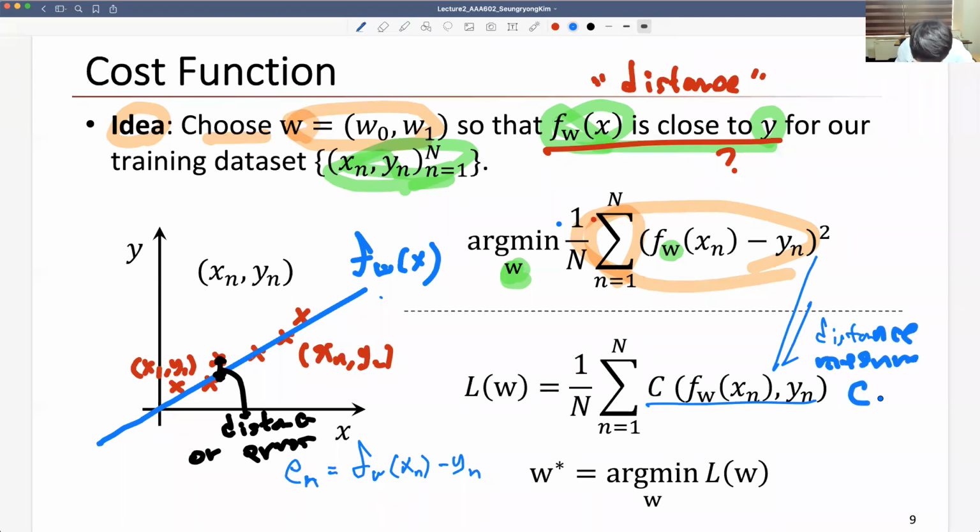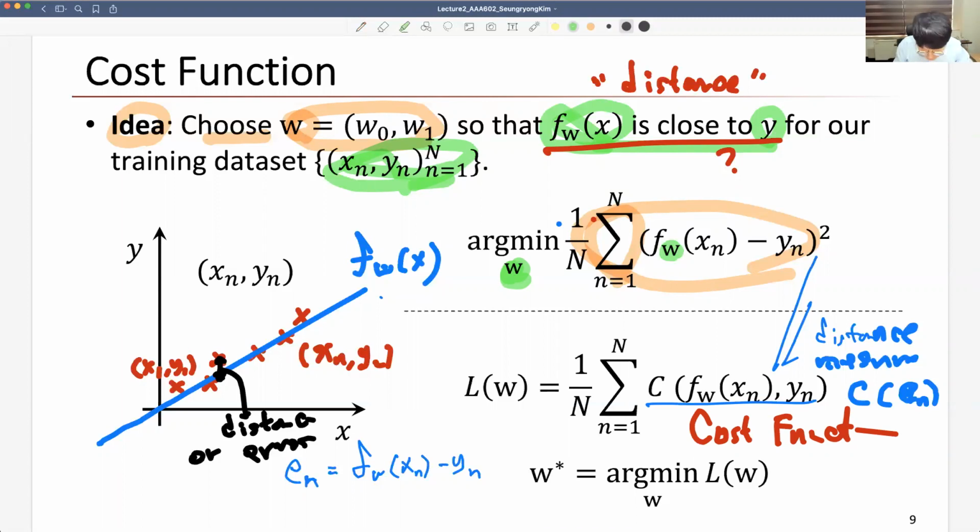okay, distance measure. Generally, let's say C over error, something like this. We can say that this is a cost function. Then from here, what I want to do is to find the optimal parameter W that makes this loss function minimum.